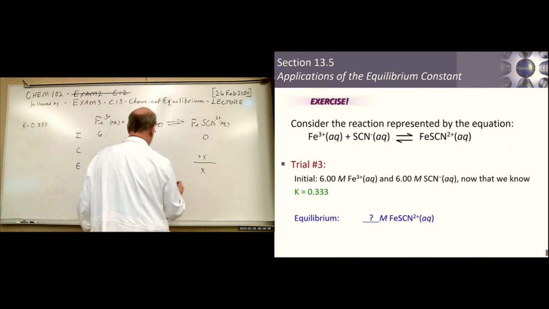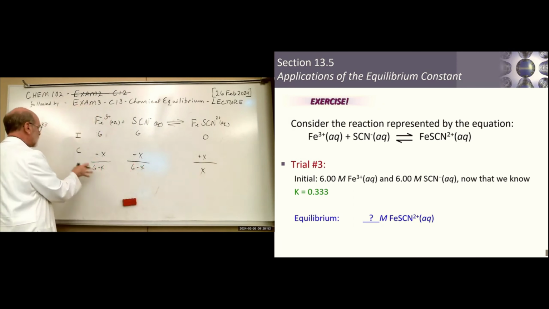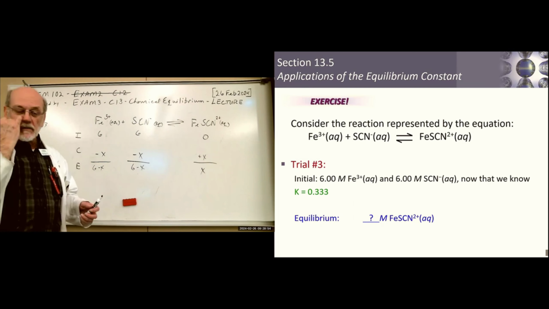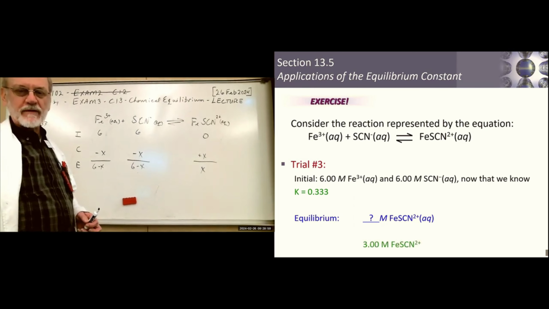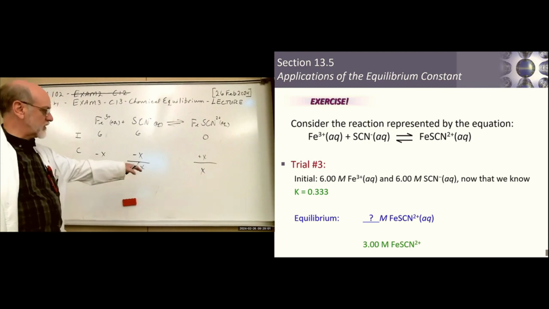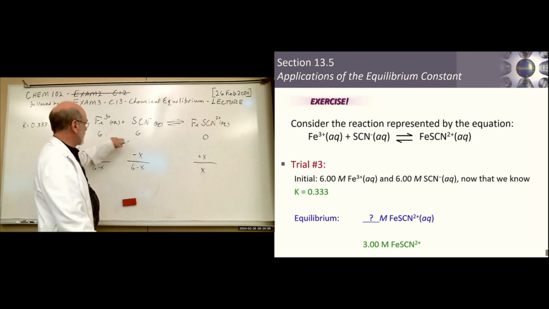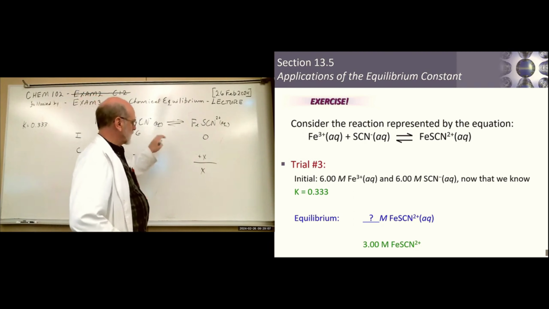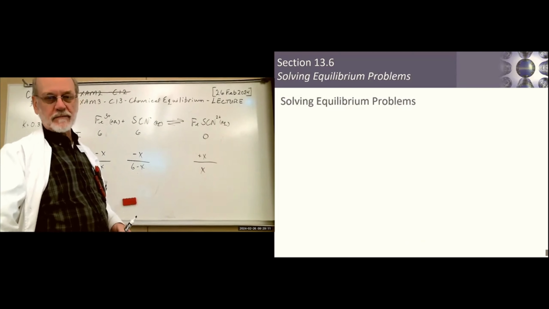Similar situation here. We have 6 minus x. We have 6 minus x here. Put it in our equation, and we get a quadratic again. And if we do the calculations, we end up with x is actually 3, which makes sense, right? Because these values are smaller, and we're going to end up with a smaller value over here. Instead of 5, we end up with 3.